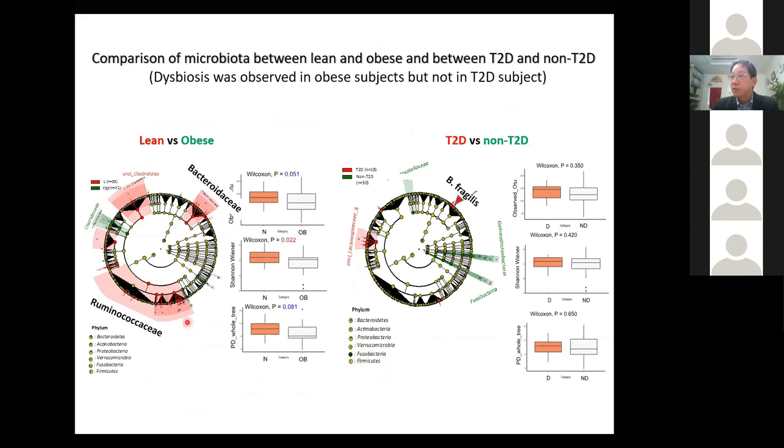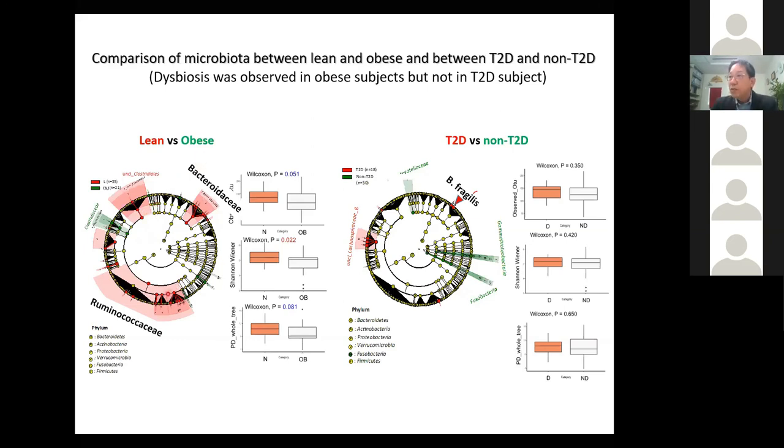This cladogram simply reflects the difference between lean and obese Indonesians of Yogyakarta. I put the red color for the taxonomic groups highly abundant in the lean group compared to obese.